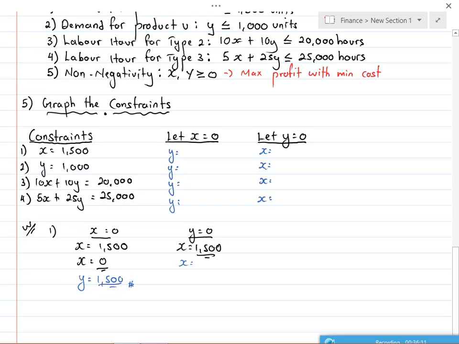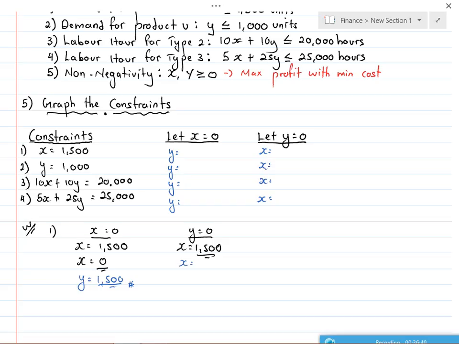So if y equals to 0, then x is 1500. Are you sure?